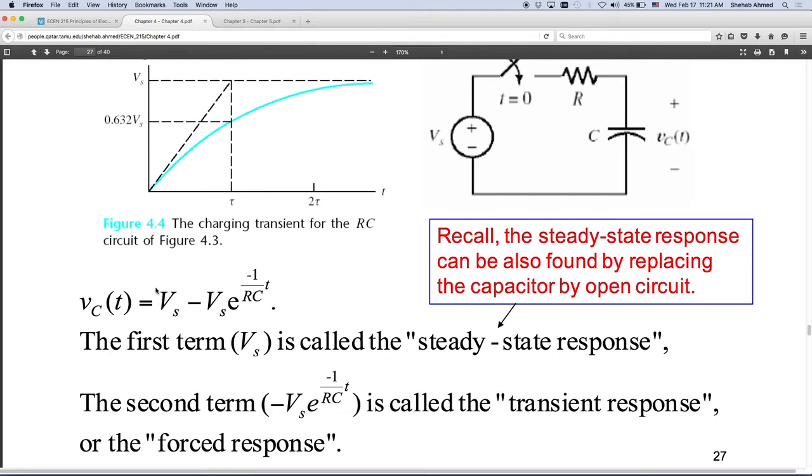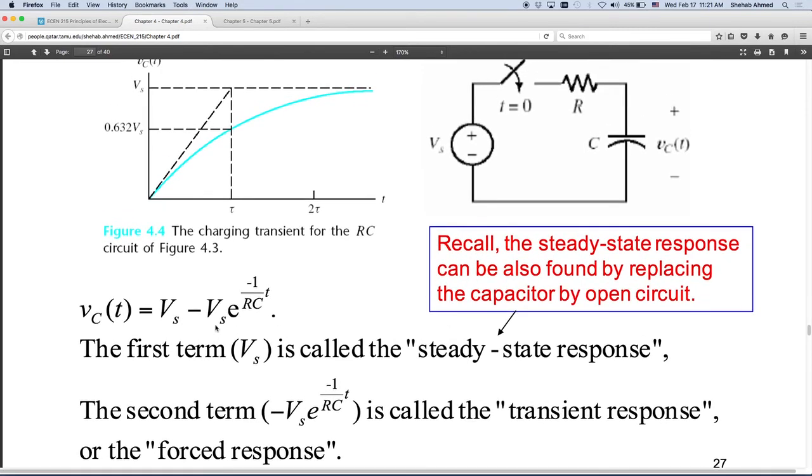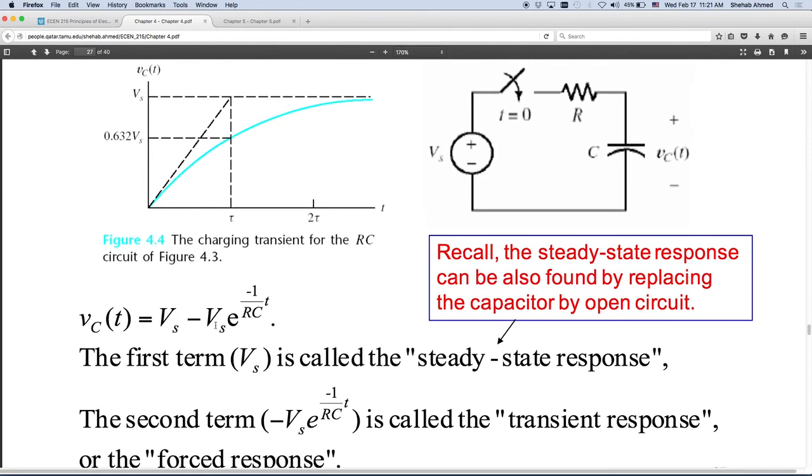The second part is the transient response of the circuit. They also call it forced response, but I don't like that. I like transient response. Any questions on this? And same thing here. They also talk about the fact that the value of the curve after one time constant gives you a value for capacitor voltage after one time constant.